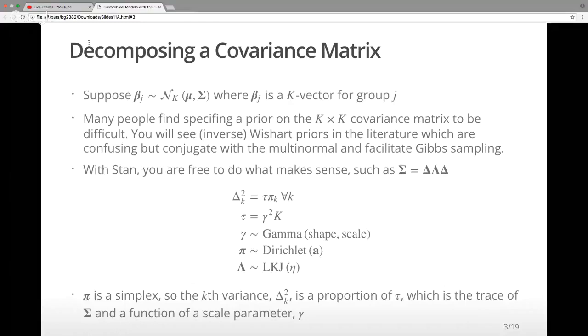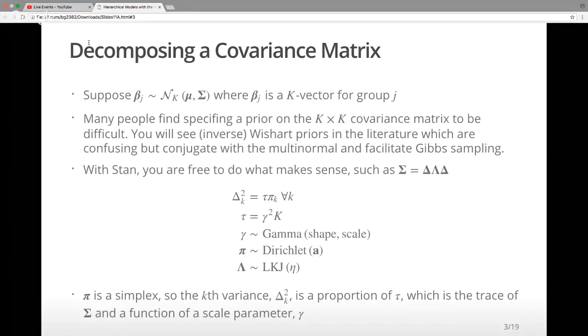That multivariate normal prior is going to have a global mean vector mu and a variance covariance matrix sigma that describes how these k vectors that are specific to each group vary around the overall mu across all groups in a multivariate normal fashion.